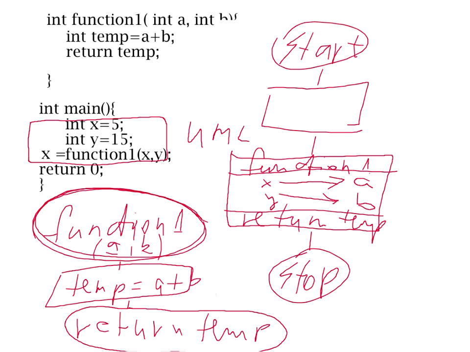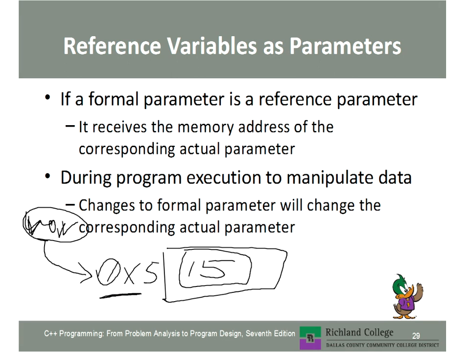Now, when we're talking about reference, we are not sending the copy of the value. What we are sending from the calling function to the called function is the memory address where the value lives.